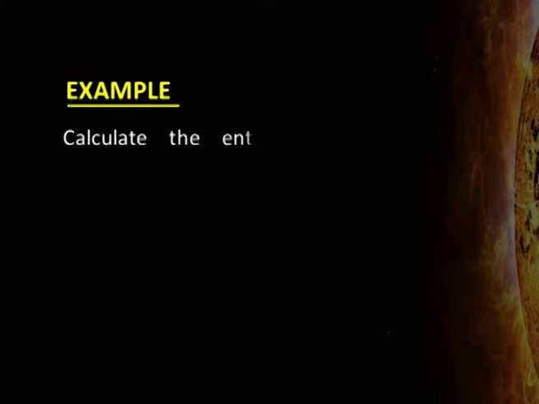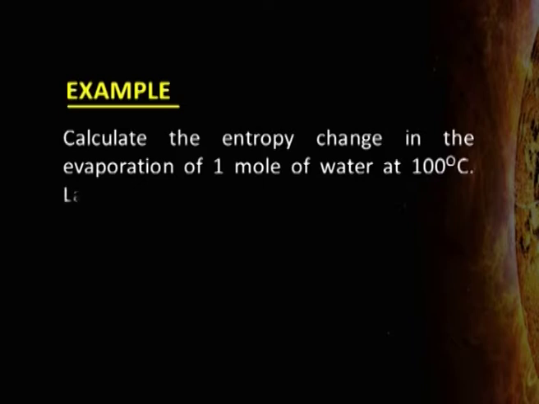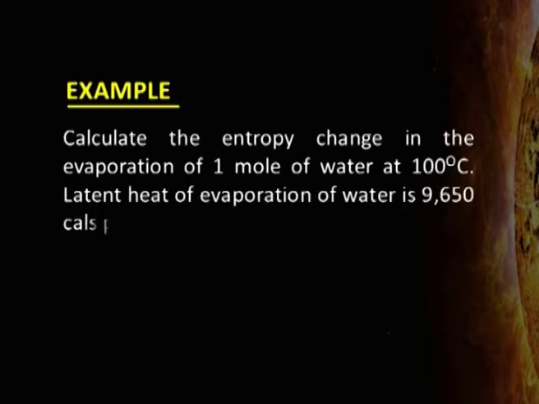Here, we have an example to calculate the entropy change during vaporization. Calculate the entropy change in the evaporation of 1 mole of water at 100 degrees Celsius. Latent heat of evaporation of water is 9650 calories per mole.